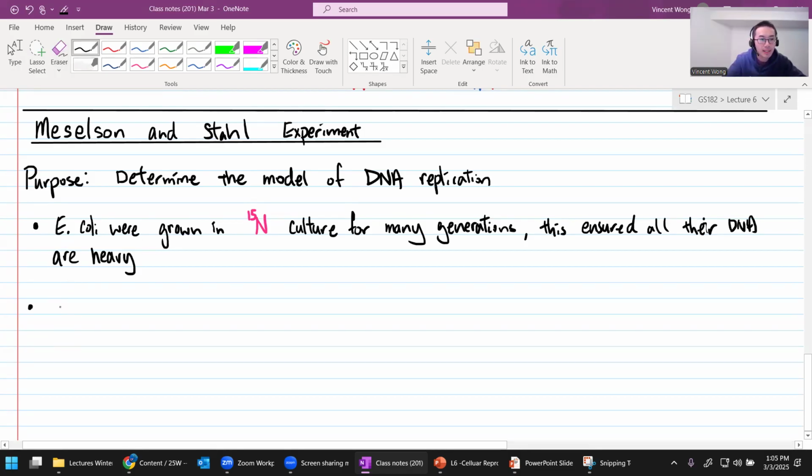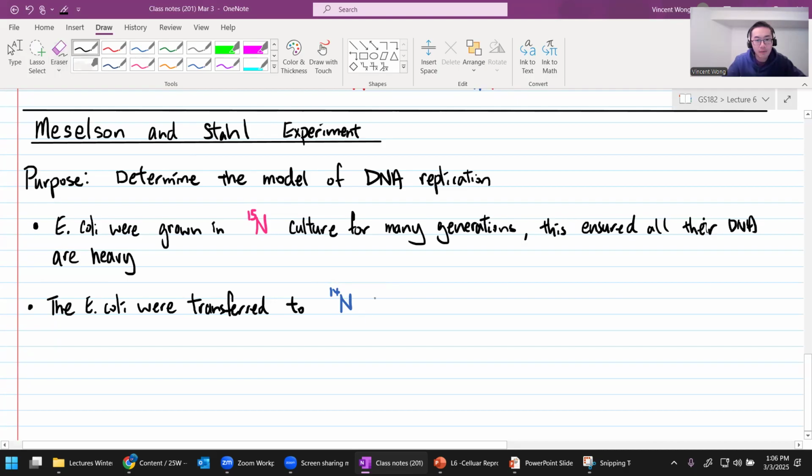And this is what happens next. The E. coli, the ones that have been growing in N15 for some time, were transferred to N14. Please use the color to help you make sense of it.